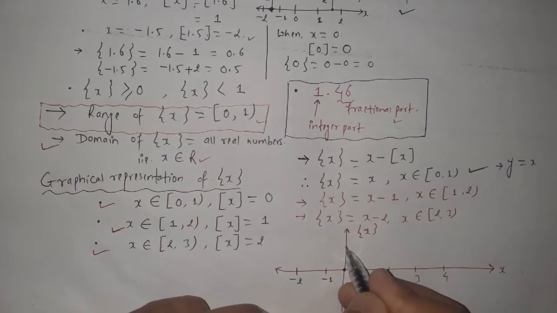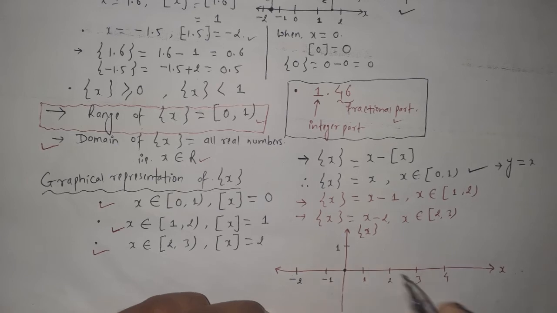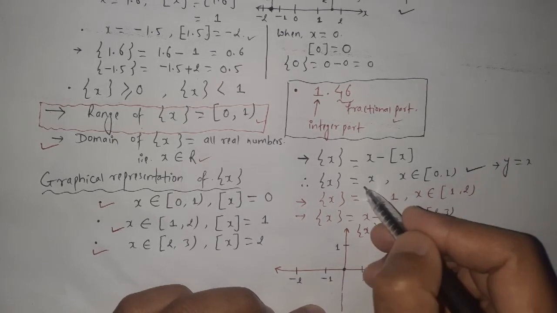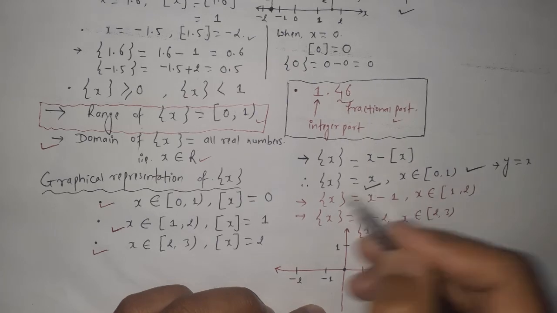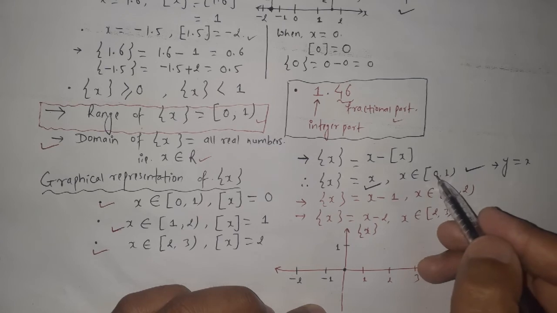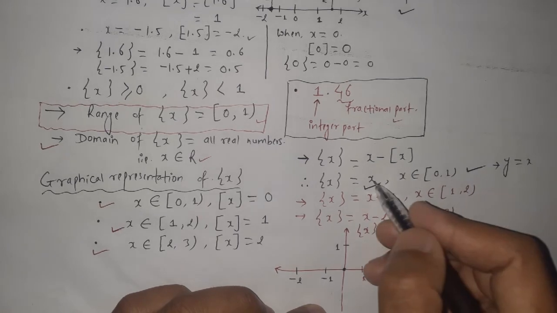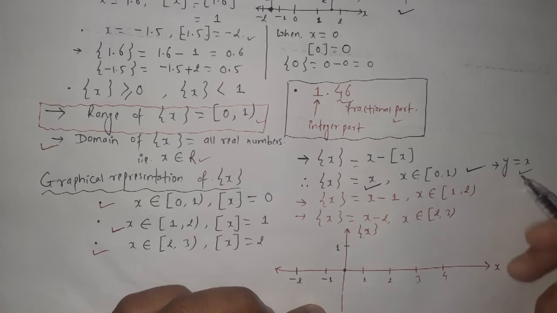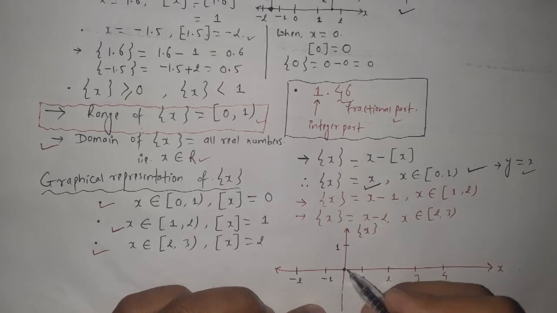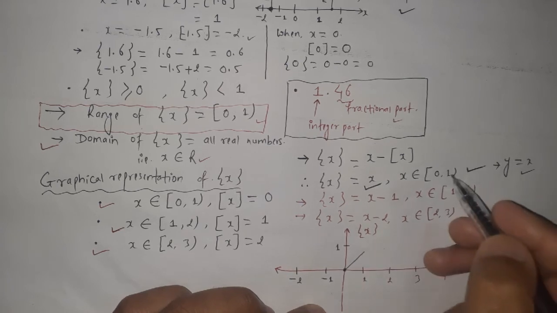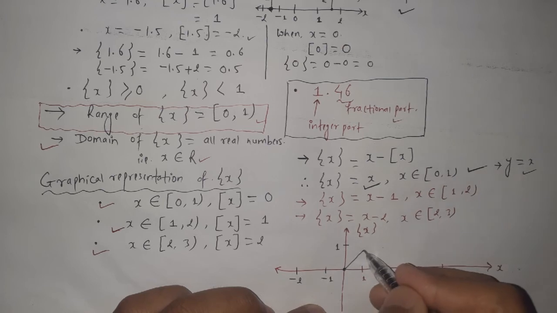Let's indicate the number 1 here, and let's plot this first function, y equals x, on this 2D paper, from 0 to less than 1. The output is x, and y equals x is the line passing through the origin. This is the line, and here the 1 is not included.